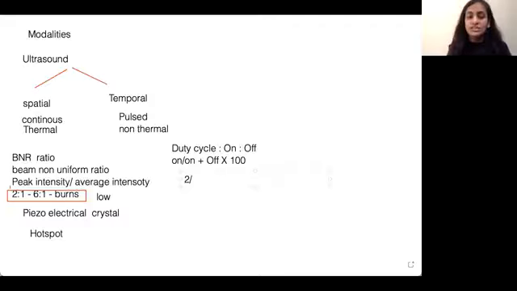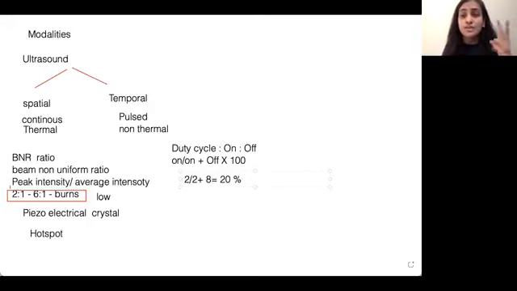What is going to be your duty cycle? 2 divided by 2 plus 8. That's going to be 2 by 10, that's going to be your 20%. Okay, so this is how you calculate your duty cycle in percentage anytime they give you the on and the off period. Everyone clear? So pulsed ultrasound, you have to understand.